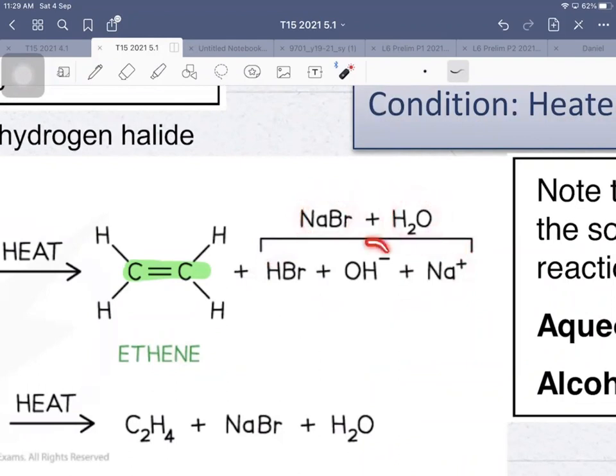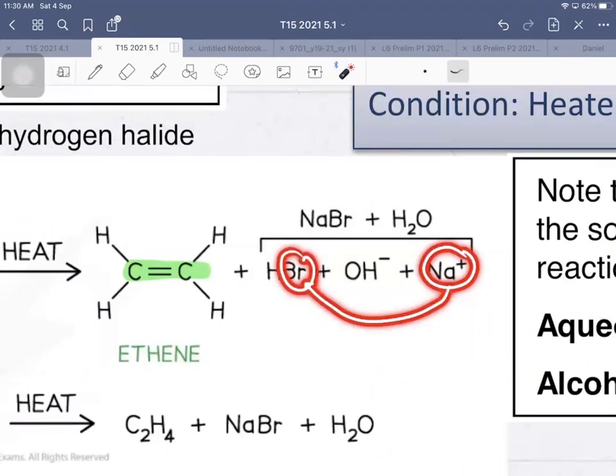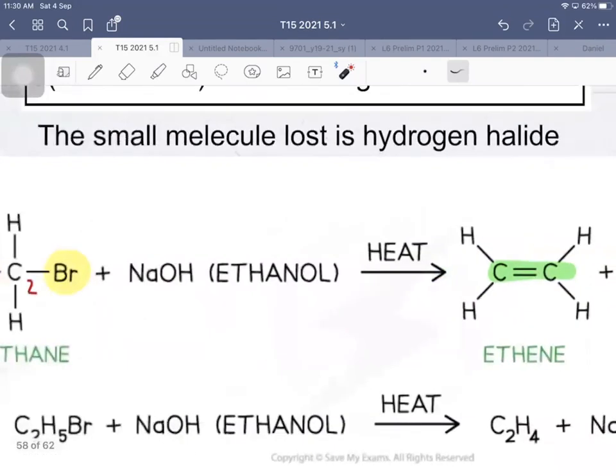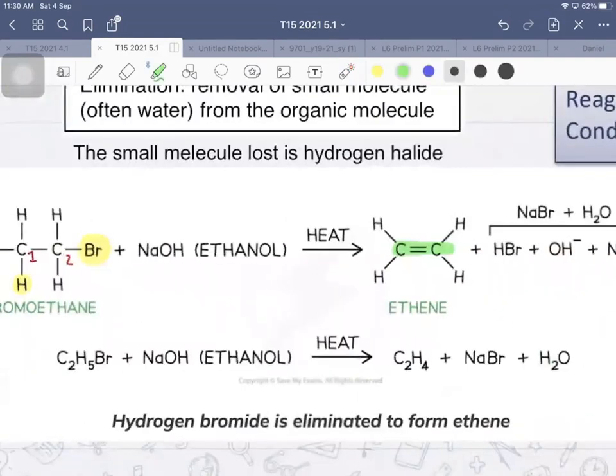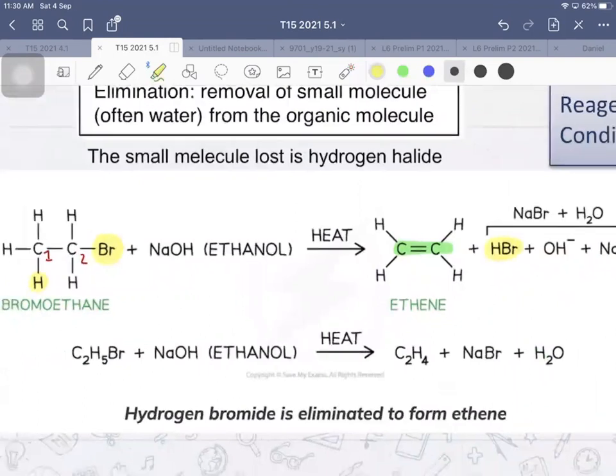The hydroxide ions from the sodium hydroxide combine with the hydrogen you have lost from the halogenoalkane, and then the sodium from the sodium hydroxide will combine with the bromine atom that you lost from your halogenoalkane. If I highlight that HBr in yellow, that means it came from the bromoethane.